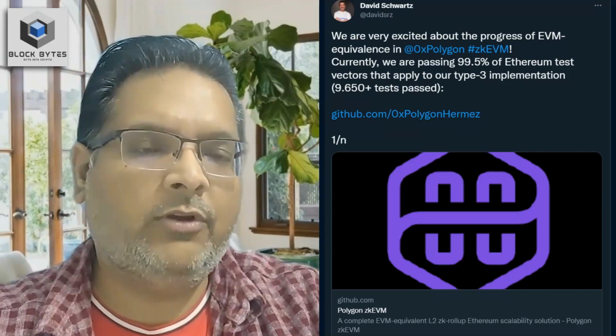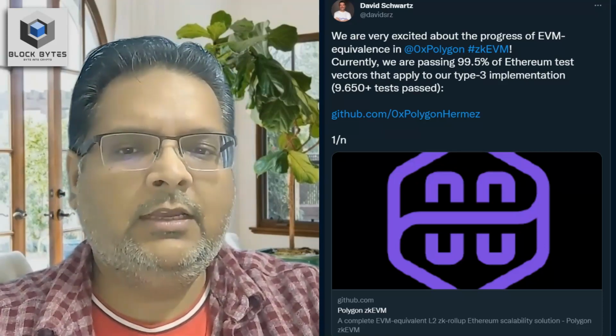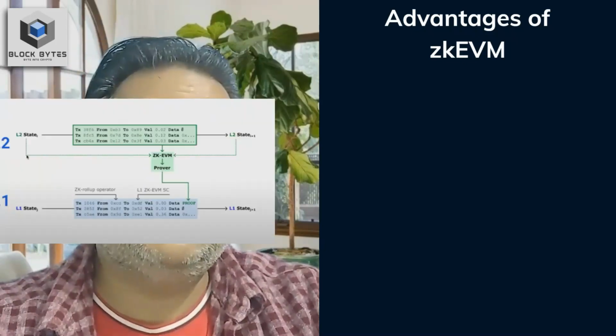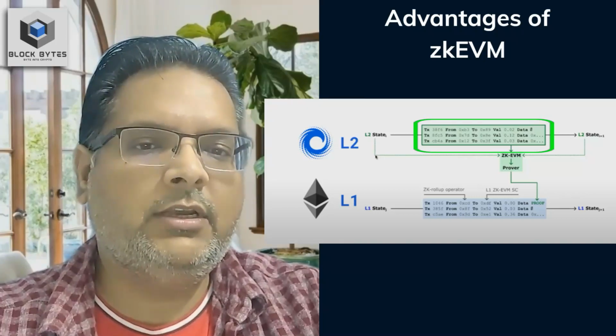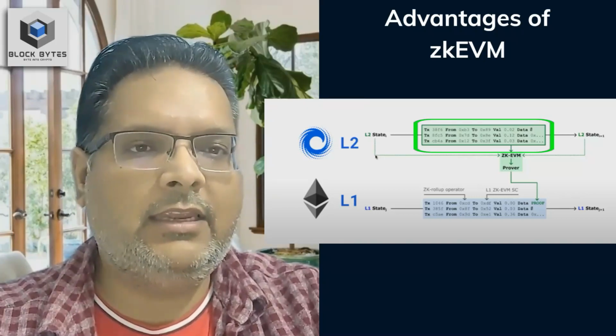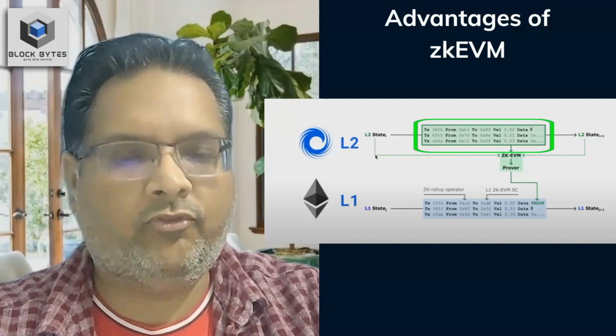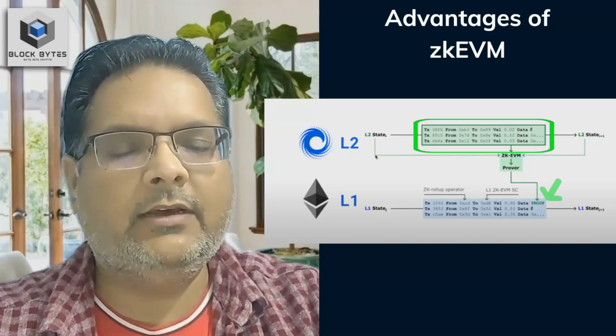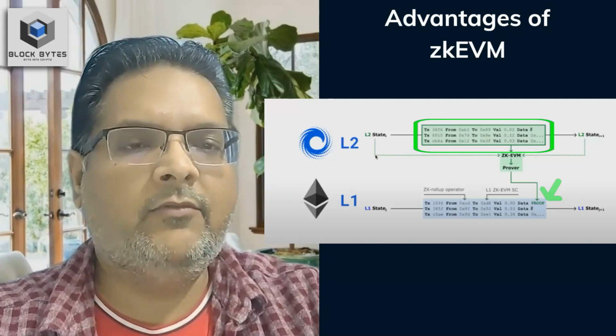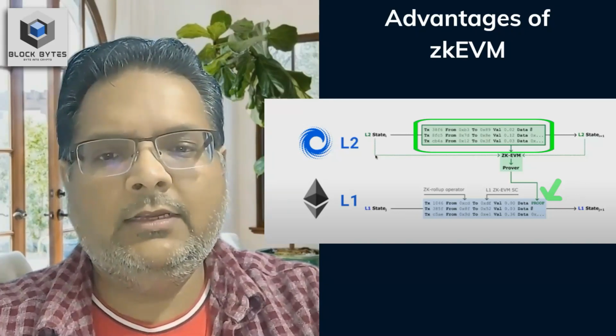99.5% EVM equivalence now. So what are the advantages of using a zkEVM? What a zkEVM does is it takes all the transactions executed on layer 2s and creates an EVM compatible proof, which it then adds to the EVM as a single line for the bundle.